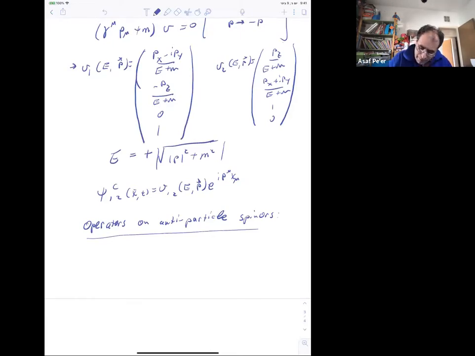Right, now the wave function has a plus here. Before we had a minus.